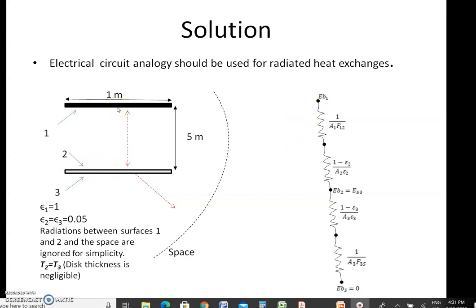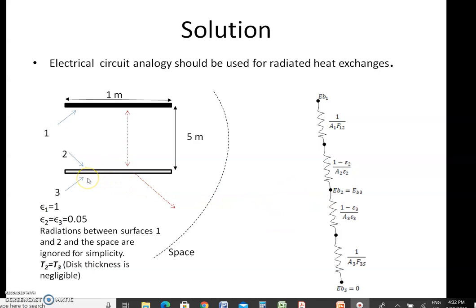Starting from the black disk, we have the view factor F12, and then we reach the second disk, and this represents the heat transfer from that side.